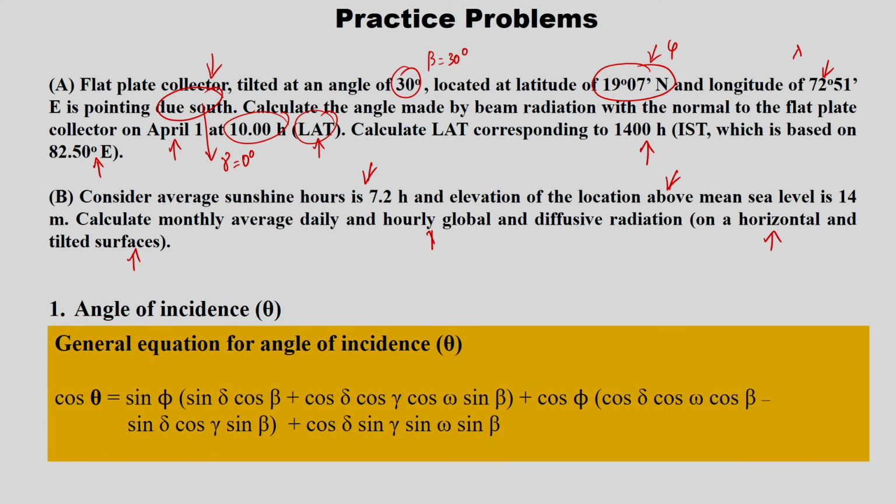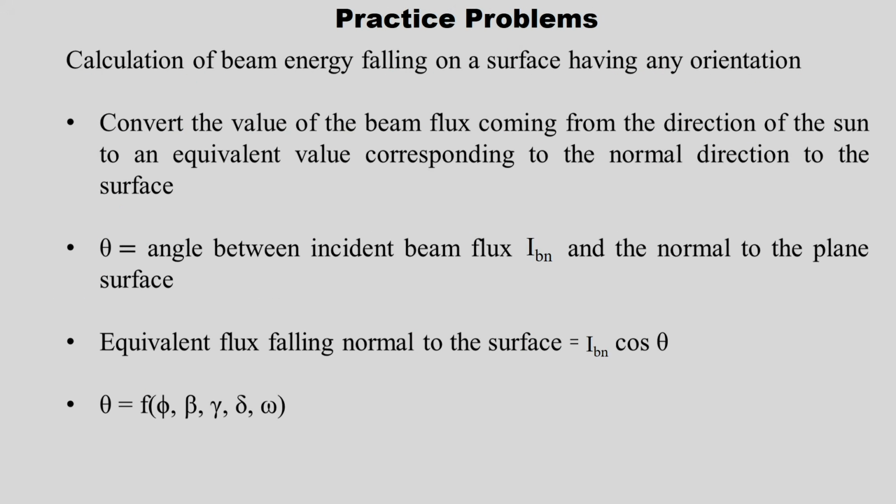So, as we have seen in lecture 2, the general equation for the angle of incidence is given here. The first parameter we are supposed to calculate is the angle of incidence. Why we need this angle of incidence is to convert the value of the beam flux coming from the direction of the sun to an equivalent value corresponding to the normal direction to the surface.